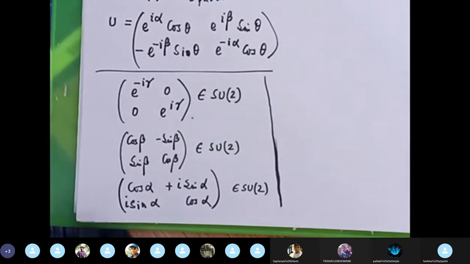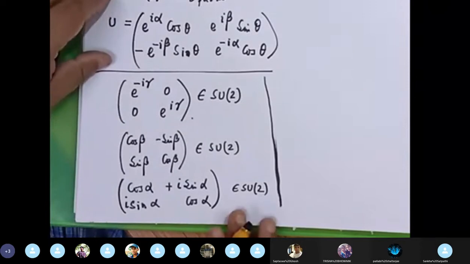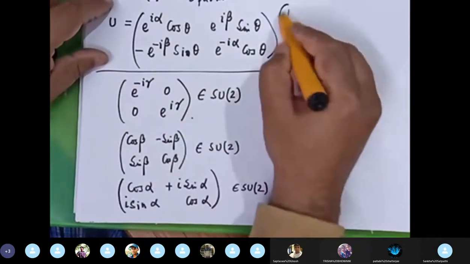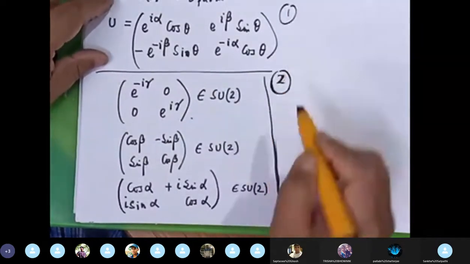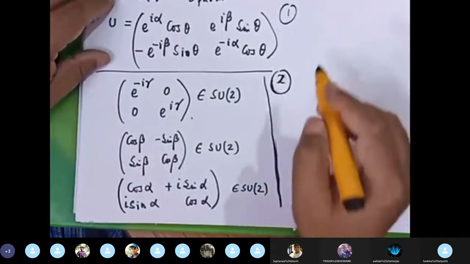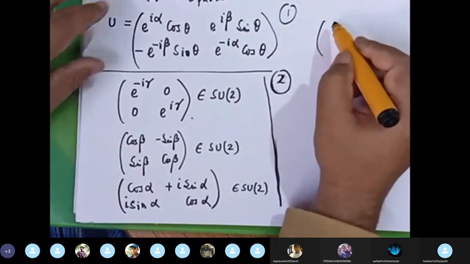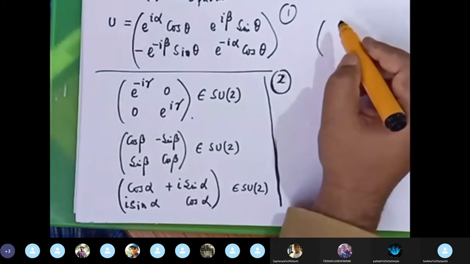Okay, so remember this. I will come back to this slide later, but suppose this is another way of parameterization. This is one way of parameterization, this is another way, and we have seen how, just a minute.